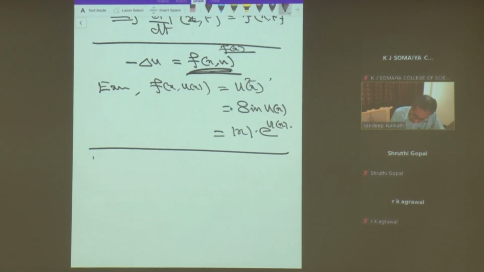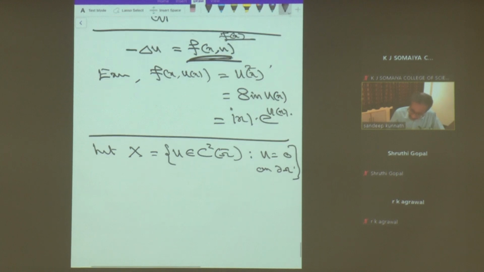Let me define a Banach space. Let X be the set of all u in C2 of omega closure such that u is equal to 0 on the boundary, that is, C2 functions which are 0 on the boundary.